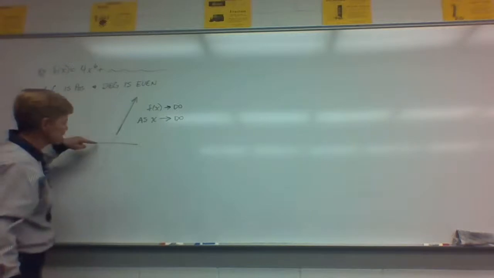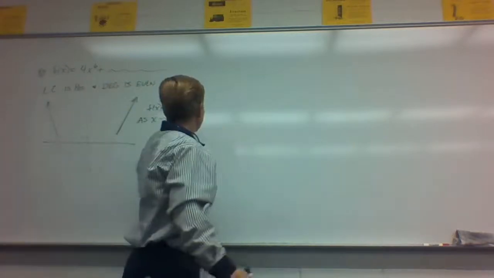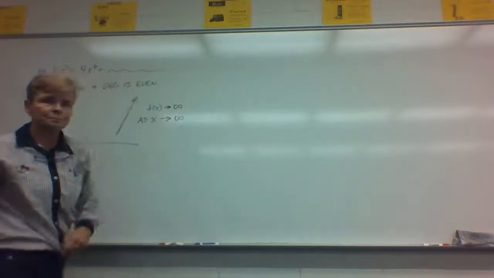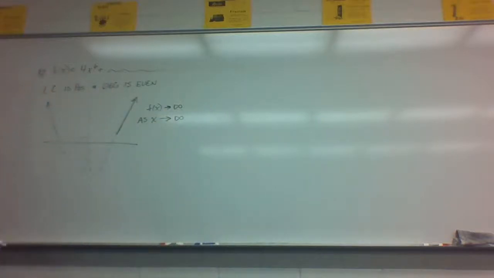If I let x get huge, y's are getting huge also, because this thing's headed up. To describe this one, we say f of x, which means the y values, go up to infinity as well, as x goes to negative infinity, because I'm saying, what happens? I'm going way, way left on the x-axis, monstrously huge negative numbers.